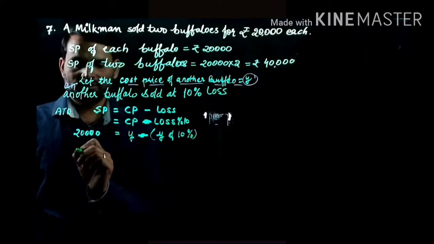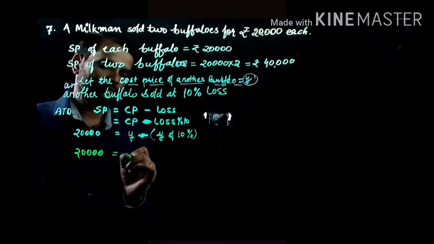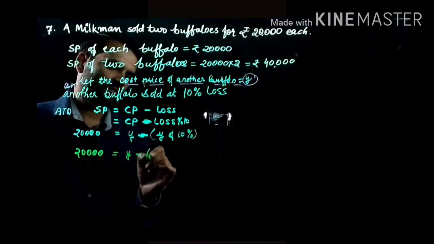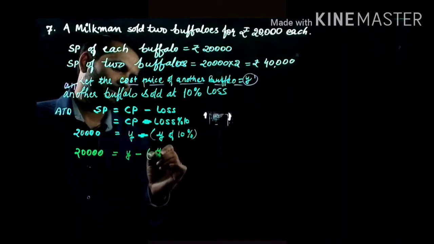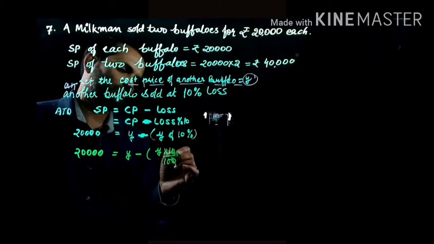You have 20,000 is equal to Y minus Y into 10 upon 100, 0 0 cancel.